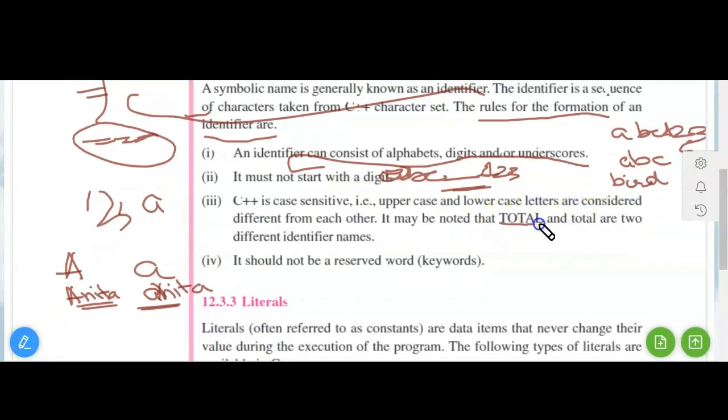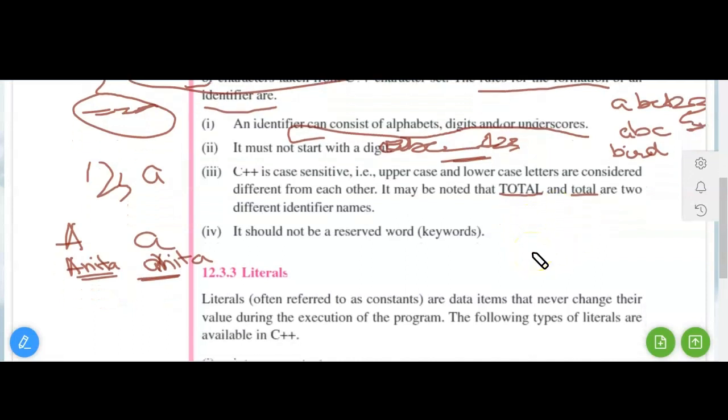You can see here that Total is different from this total. They are not the same. You cannot use this Total and after some time change it to lowercase total. Both are completely different. And one more thing, it should not be a reserved word, that is, it should not be a keyword. Keywords are meant only for some specific purpose. You cannot change their meanings.